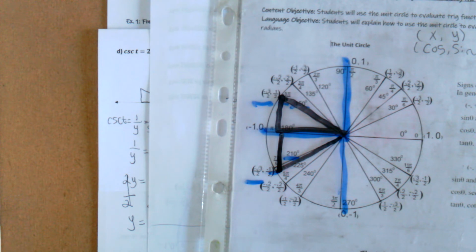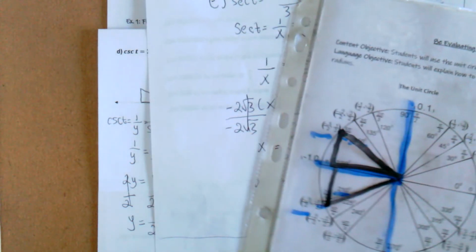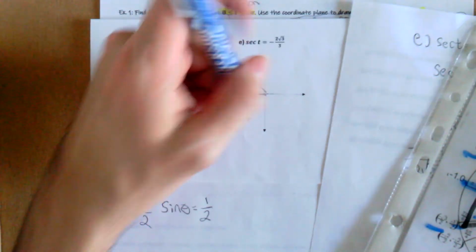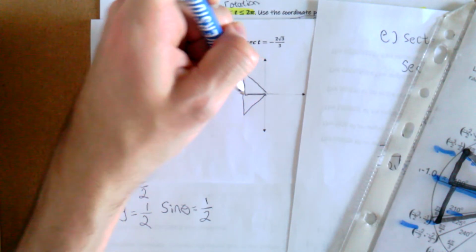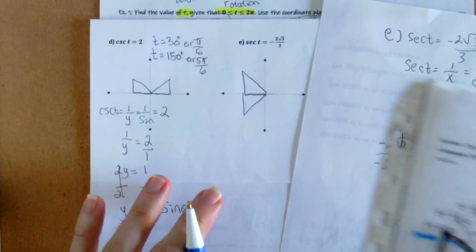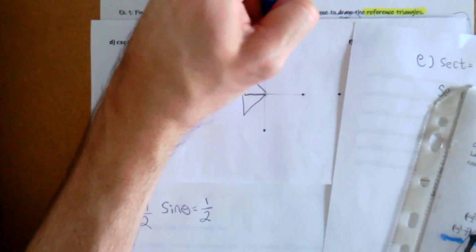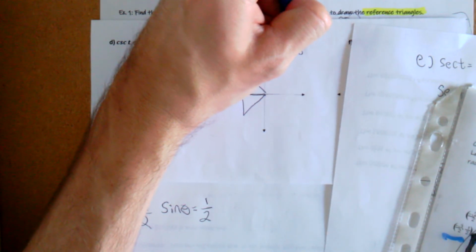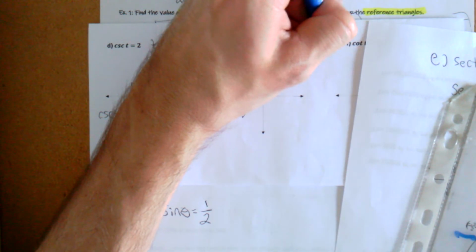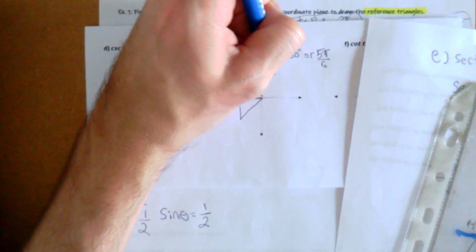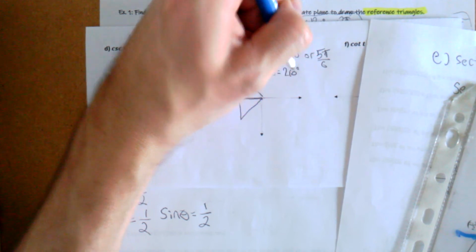Let's sketch that on page 42 too. And I'll write the answers on page 42 as well, since I haven't yet. Remember, t is 150 degrees, or 5 pi over 6 radians, or t is 210 degrees, or 7 pi over 6 radians.